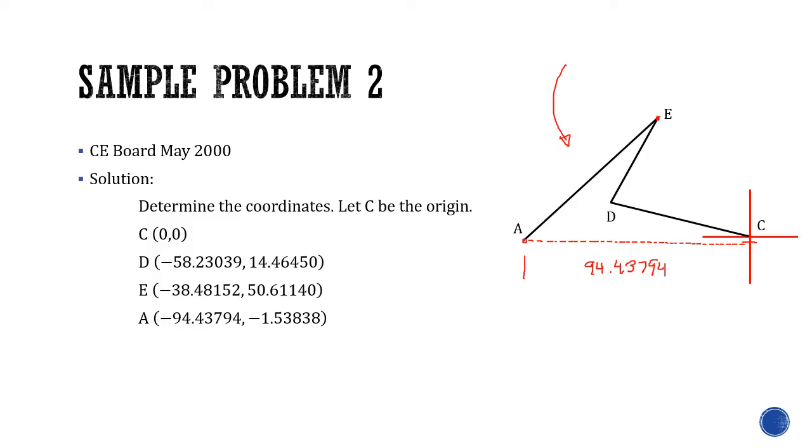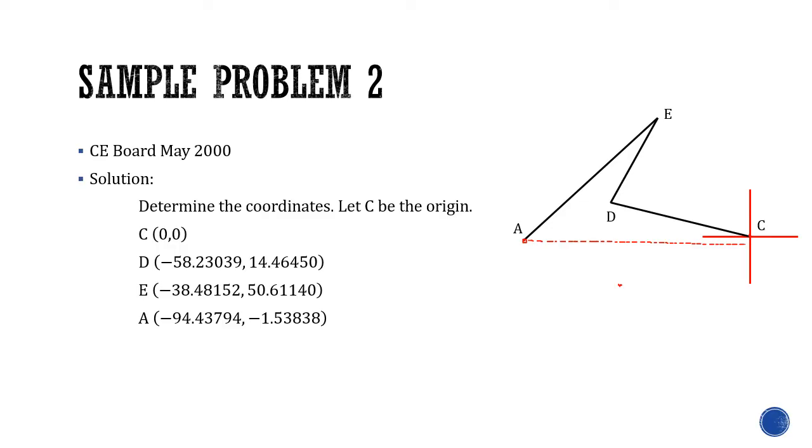Now, hahanapin natin yung bearing of AB and BC. So, to get the bearing of AB and BC, syempre, kailangan ma-imagine mo muna yung figure. Nasaan ba yung B? Pwedeng nandito, pwedeng nandito. This is an actual board exam problem, so kumbaga may tamang assumption.